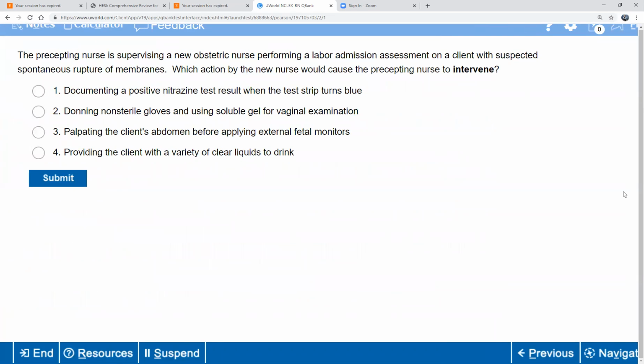The precepting nurse is supervising a new obstetric nurse performing a labor admission assessment on a client's suspected spontaneous rupture of membrane. Which action by the nurse will cause the precepting nurse to intervene?